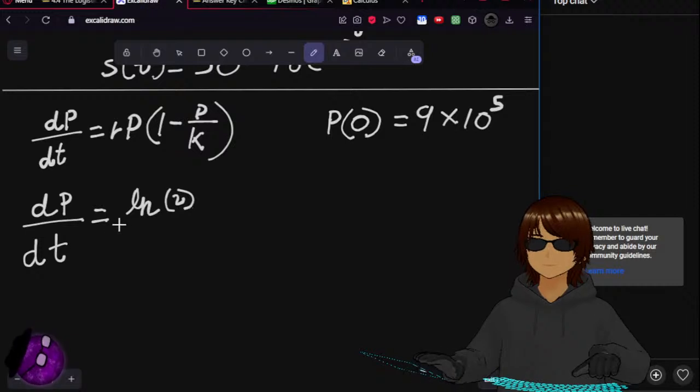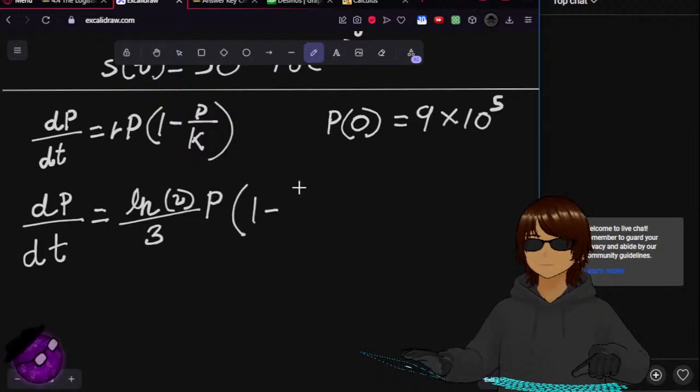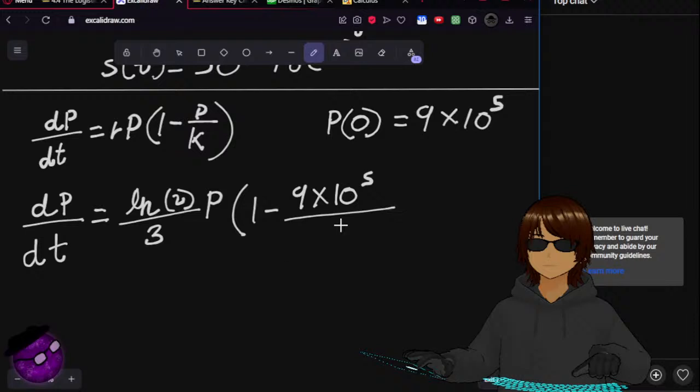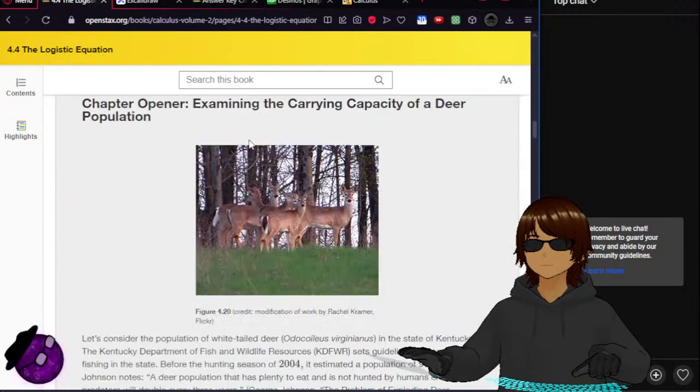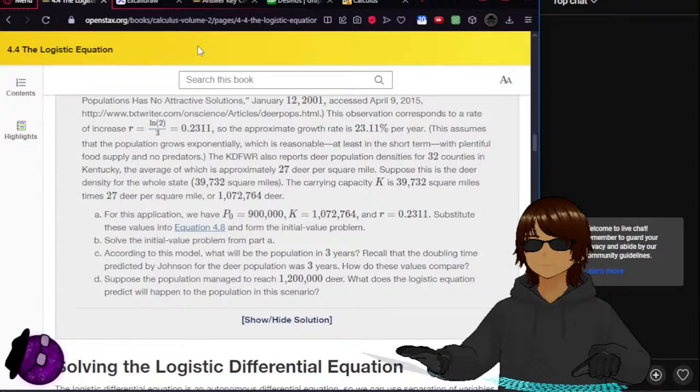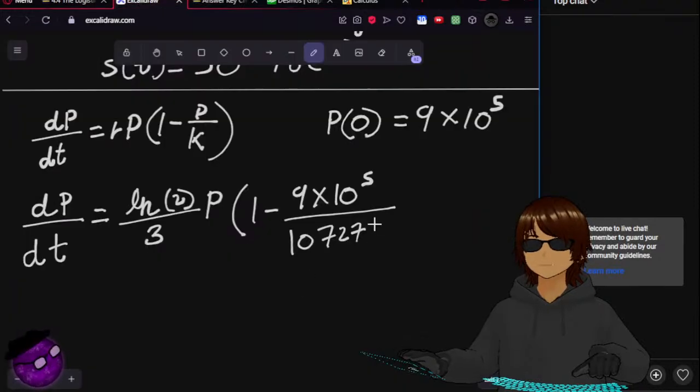Would the half-life be the same if the equation is different? Seven two seven six four.